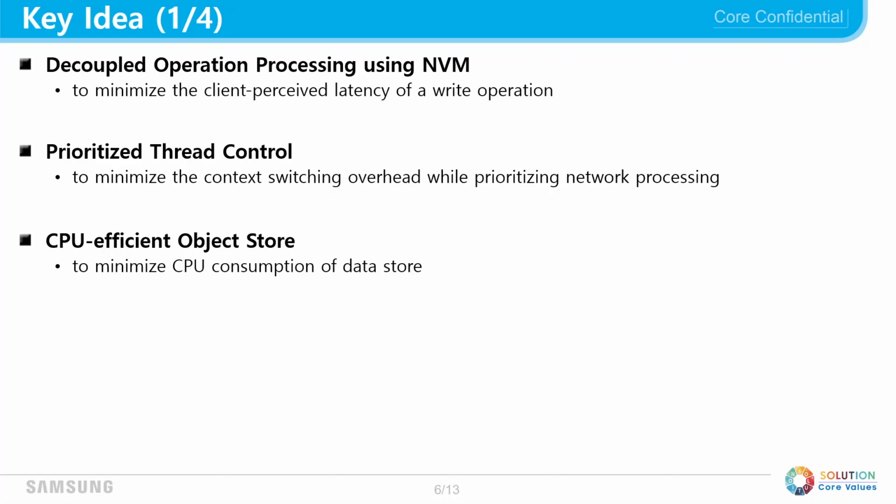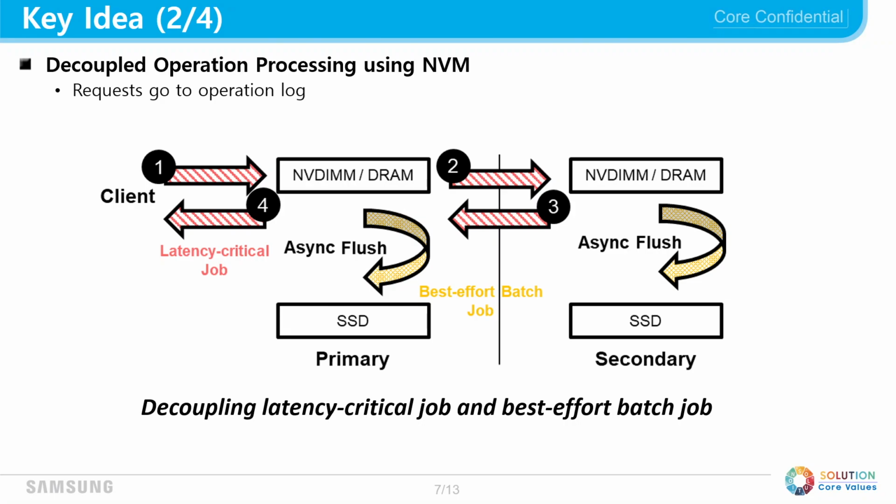From the experimental results, we have identified problems that exist in SAP and proposed 3 designs to solve the problems. First is decoupled operation processing using NVM. To reduce the write latency, we proposed a design which processes I/O requests differently without losing strong consistency.